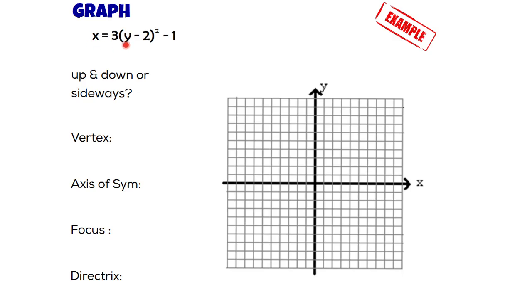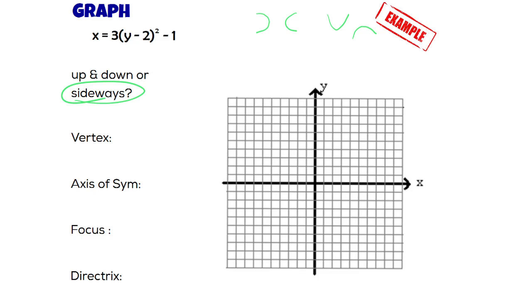If it's the other way around, your parabola opens upward, or maybe downward if the a was negative. If you have an x equals instead of a y equals, your parabola is going to open left or to the right. So it's going to be a sideways parabola, not up and down.